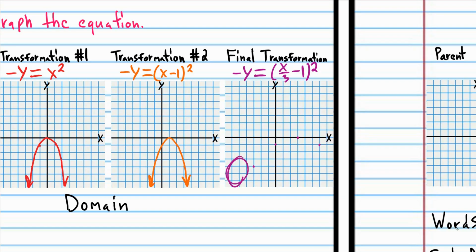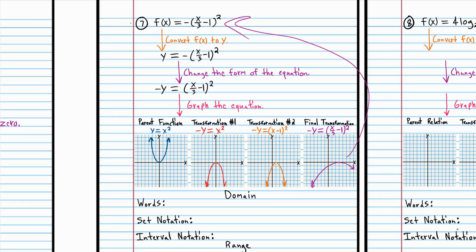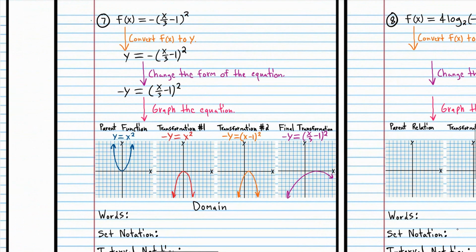We might be able to find another point over here. Maybe we can plug in negative 6. If we plug in negative 6, well, that's going to be off the window. So that's probably good enough. So now we have the graph of this complicated function here.